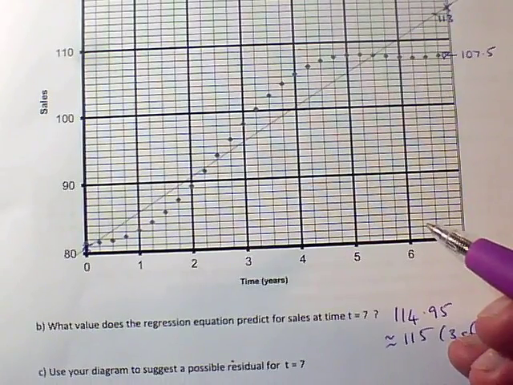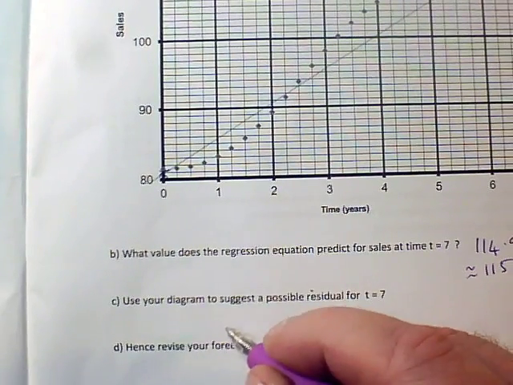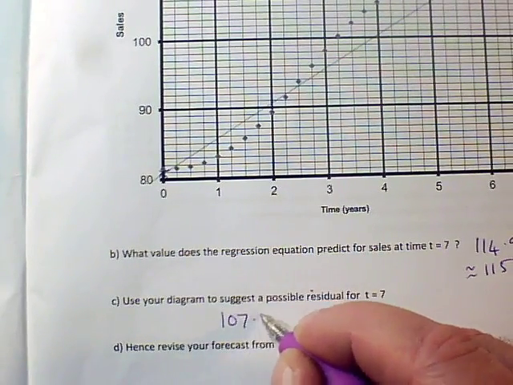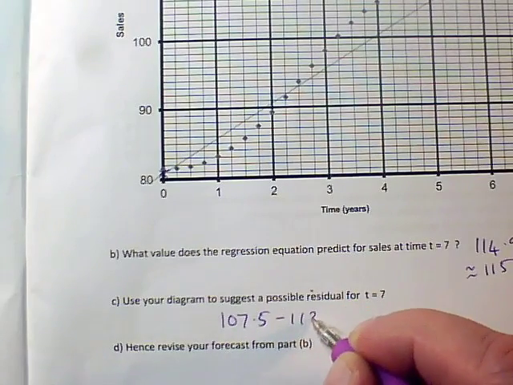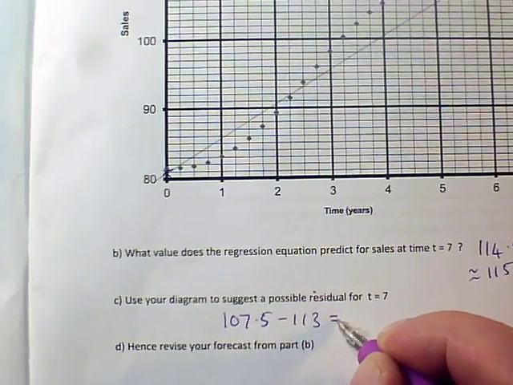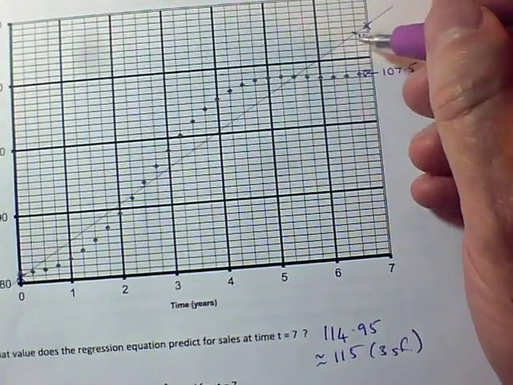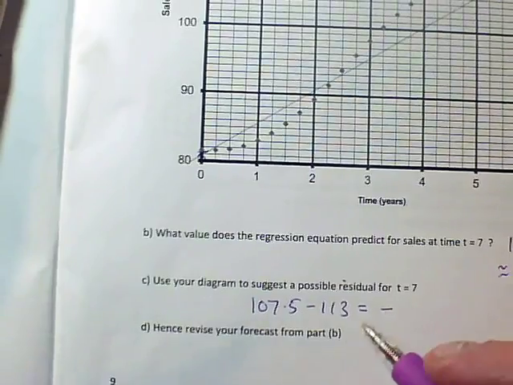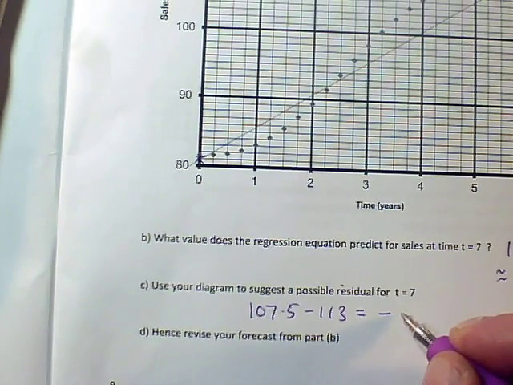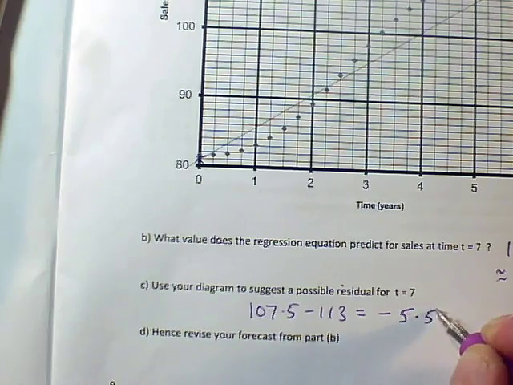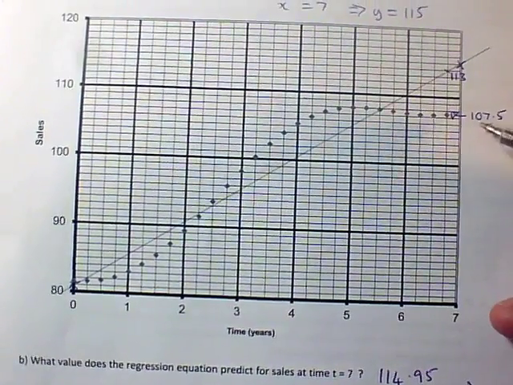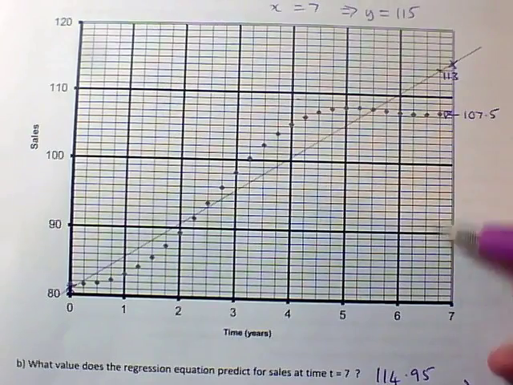So it's 107.5 minus 113 equals, okay, so this is going to be a negative residual. It's negative because actual values are below trend. So do this subtraction and you get minus 5.5.